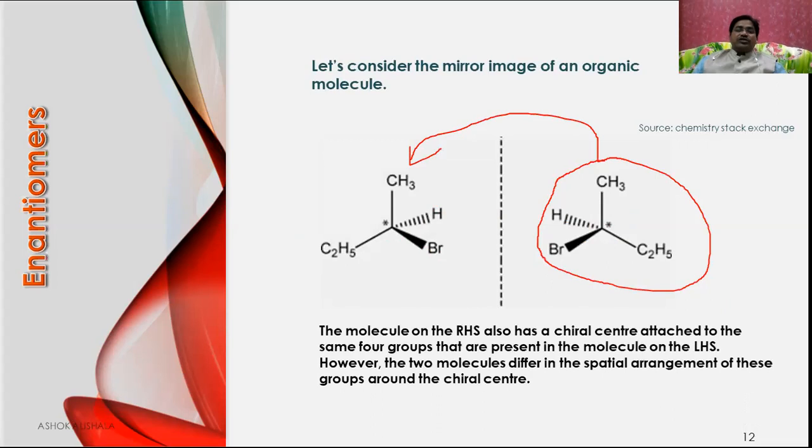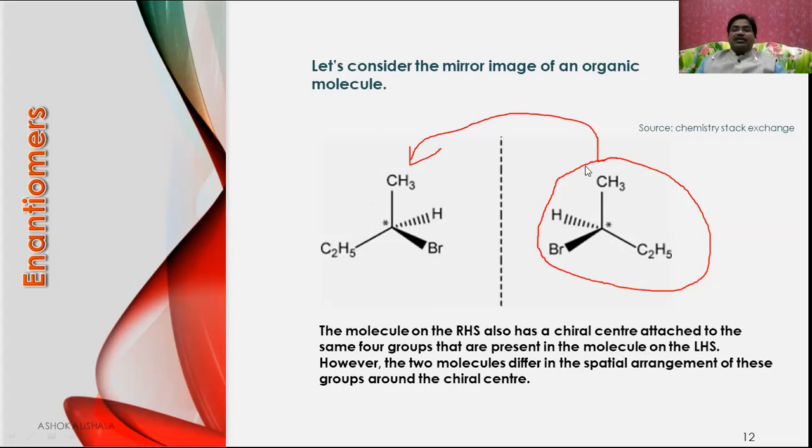The molecule on the right-hand side also has a chiral center. This is the right side, and it has a chiral center attached to the same four groups that are present in the molecule on the left-hand side. The same four groups are here also. However, the two molecules differ in the spatial arrangement of these groups around the chiral center.